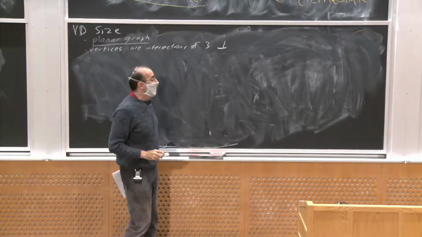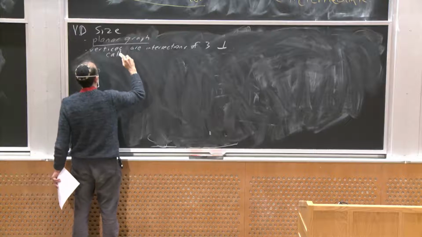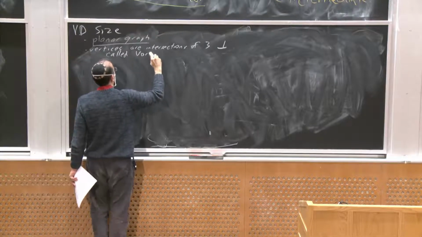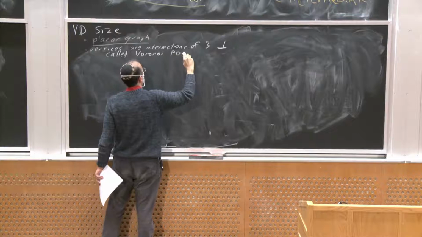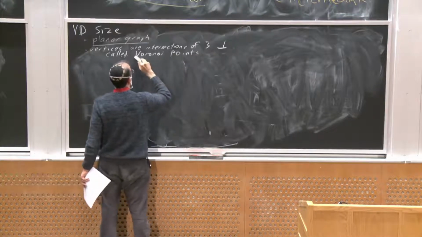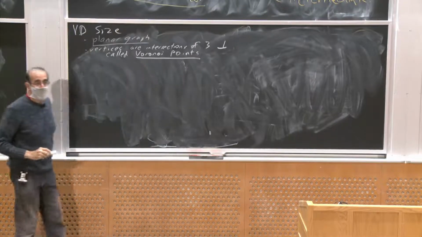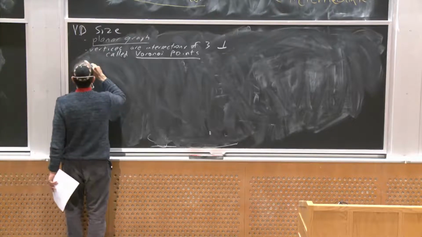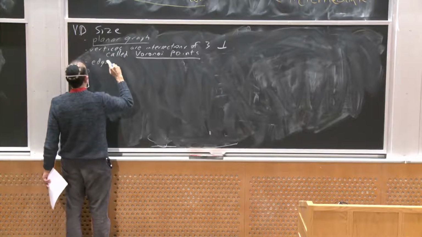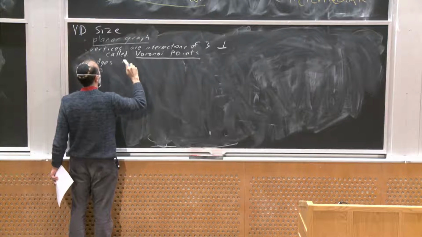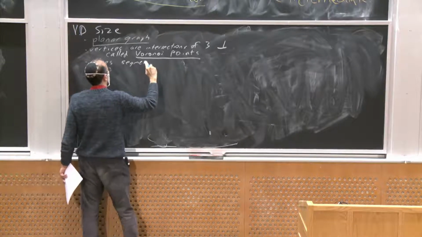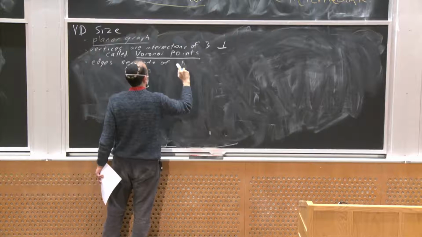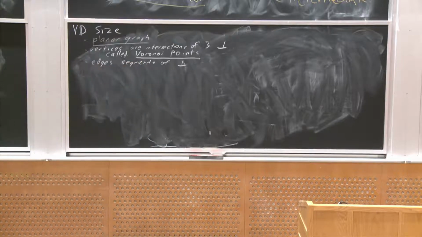These are called the Voronoi points. And so the vertices are these Voronoi points, and the edges are segments of these perpendicular bisectors that end at these Voronoi points.